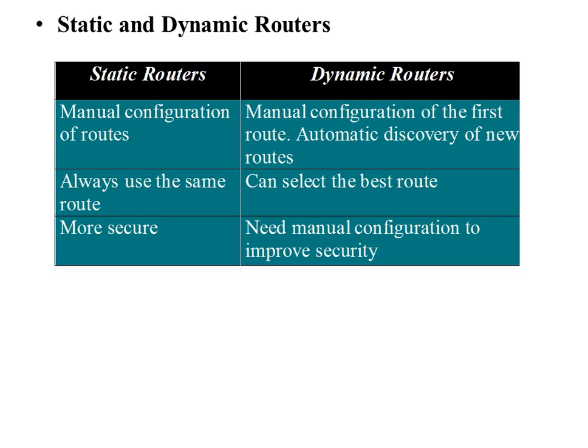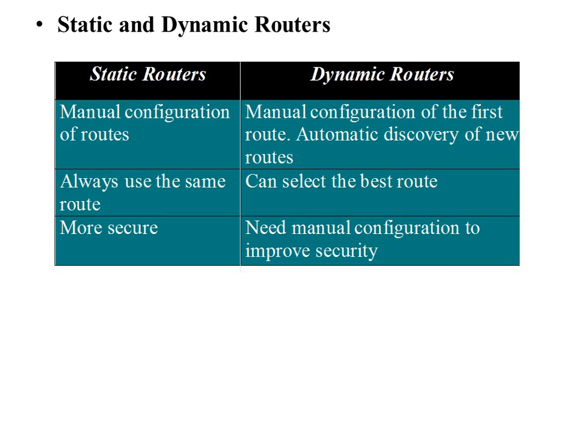A static router always uses the same route. Once the table is fixed, you have to follow that route only. But a dynamic router will select the best route. Static routers are more secure, while for dynamic routers you need to manually configure for security improvement.